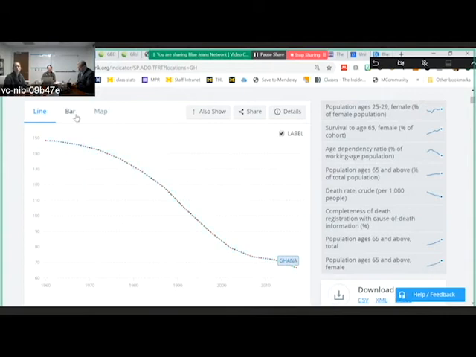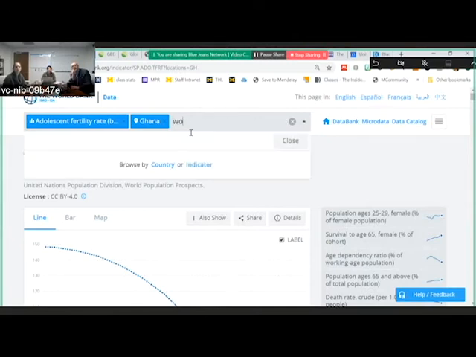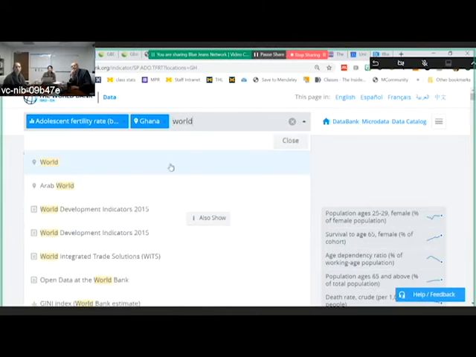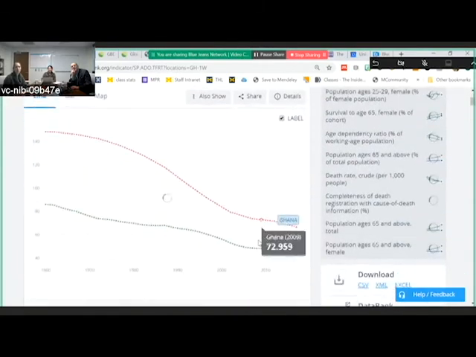I can do a bar graph if I want to just do one year. Mapping will take me to the entire world, so I'm not going to do that. The next piece I'm going to do is compare it to the world. Remember, I was looking at it globally.